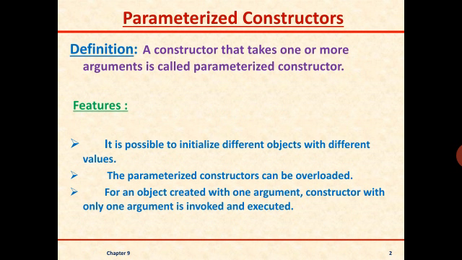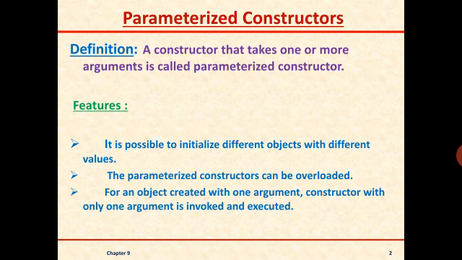See, when I taught the default constructor earlier, I told you that you can create n number of objects, but all the objects will be initialized with the same set of values. This was the feature of the default constructor. But with the parameterized constructor, the first feature is that it is possible to initialize different objects with different values.